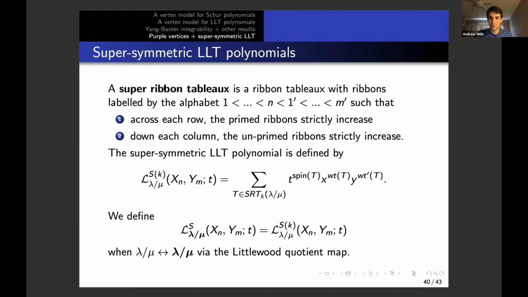Yeah. So, go ahead. I was going to say, if you start to intersperse the primes with the unprimes, then maybe the thing to do is to intersperse correspondingly the purples with the whites. Yeah, I think you're right. So a row of purple vertices adds, I'm going to get this flipped, a vertical strip, whereas a row of white vertices adds a horizontal strip.